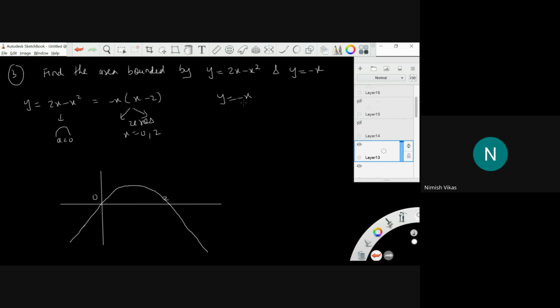It is passing through origin, so this line goes like this, at 135 degrees. So we draw this line. So we have the downward facing parabola and the straight line y is equal to minus x. The question is asking the area bounded between these two. So here we have to find this area.